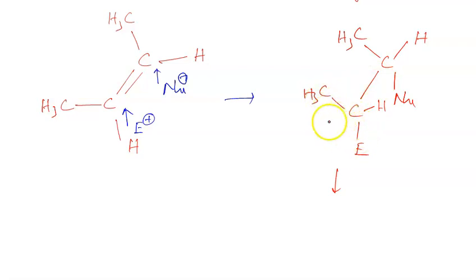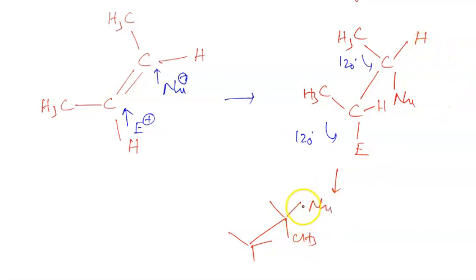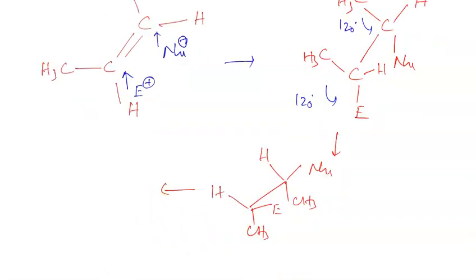Let us rotate this one by 120 degrees, and this one also by 120 degrees. If we rotate, the molecule will look like this. CH3 will come here, Nu will go here, H will be here. Similarly here CH3 will be here, then E will be here and H will be here. Now you can write the Fischer structure.